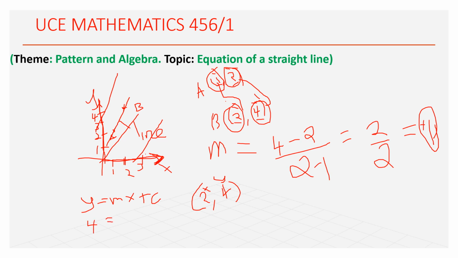The gradient is here, positive 1, we got it, so I will put positive 1 here. Then my x is 2. I'm looking for the intercept. So if you work this out, we get the intercept as 2.